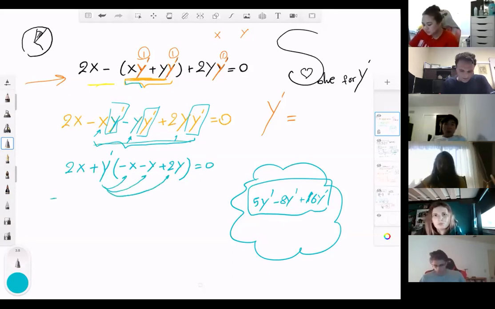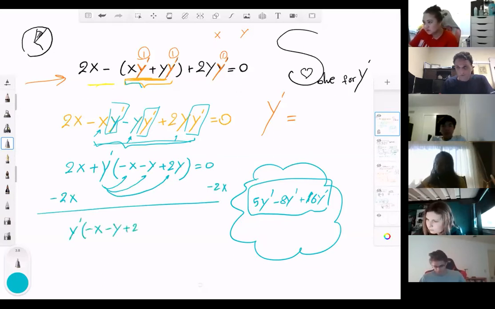Then I'm going to subtract 2x from both sides. We're going to have y prime, parenthesis, negative x minus y plus 2y equal to negative 2x. I divide by the parenthesis.